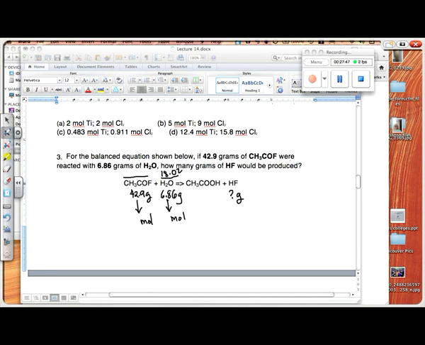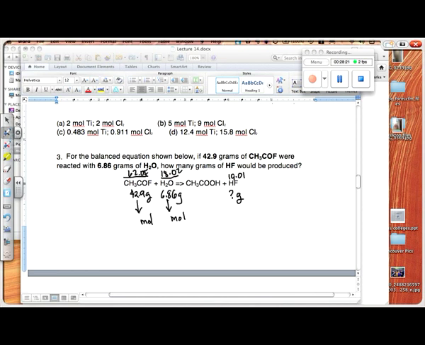Let me do that one again. Okay, I get 62.05 for the molar mass of the CH3COF, 62.05. All right, and then HF will be 19.01. All right, so all I've done is add up the masses from the periodic table. This equation is balanced.